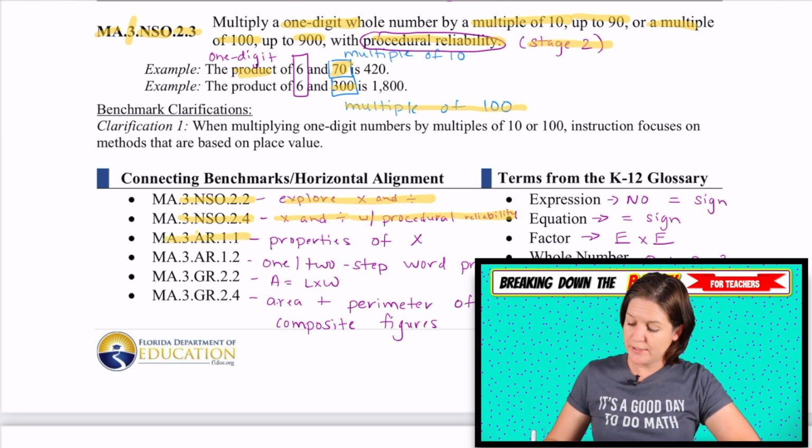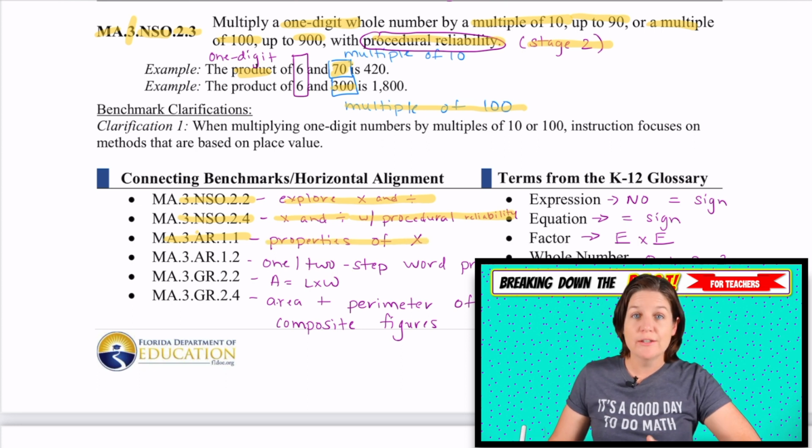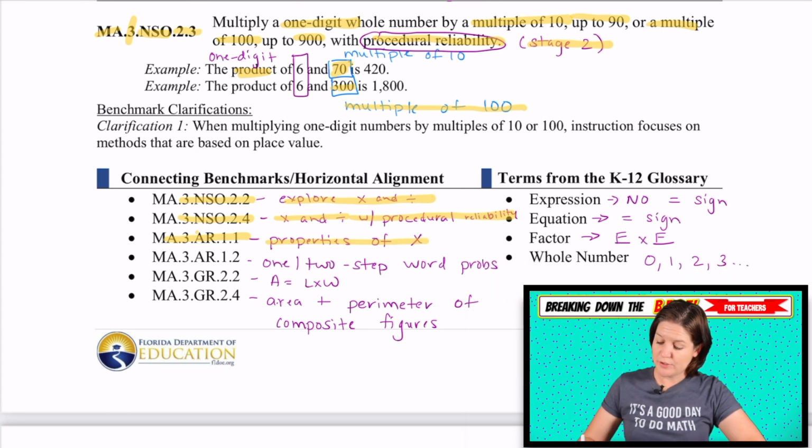3.AR.1.1 for third grade is the properties of multiplication, which can definitely help us. We've also got 3.AR.1.2, which is one and two-step word problems.